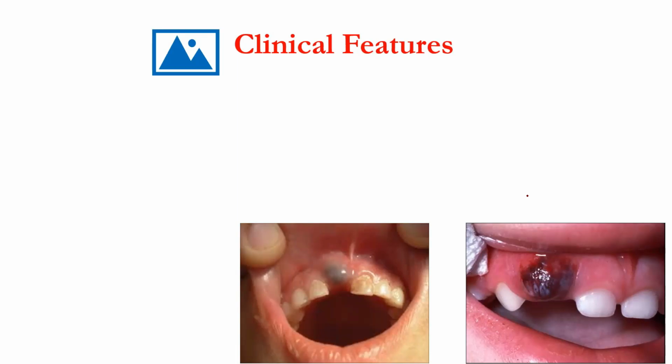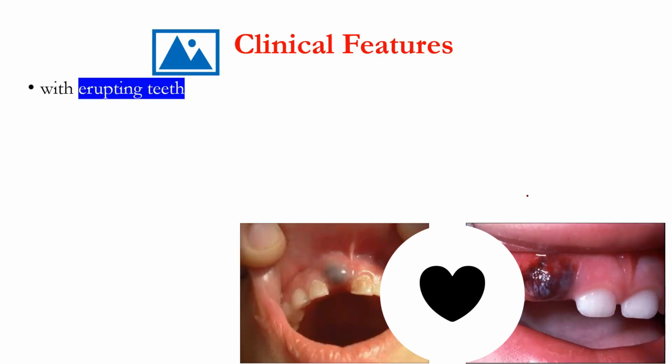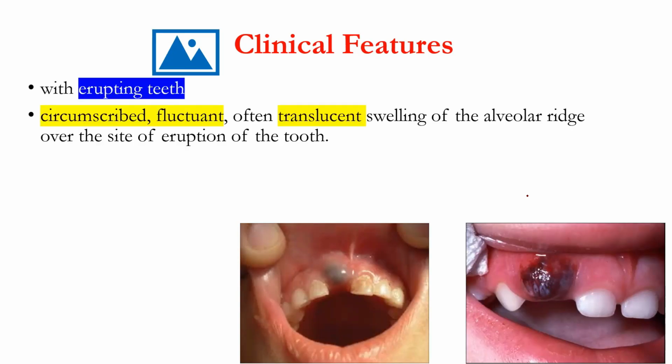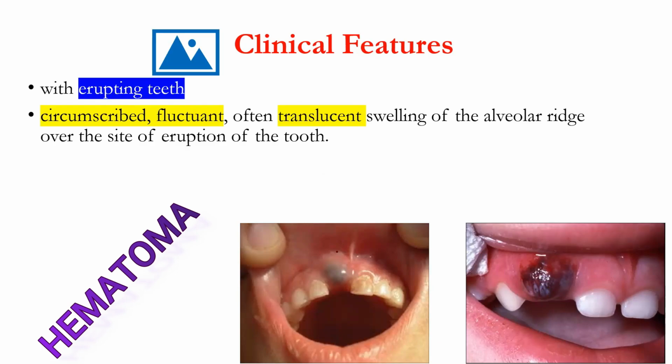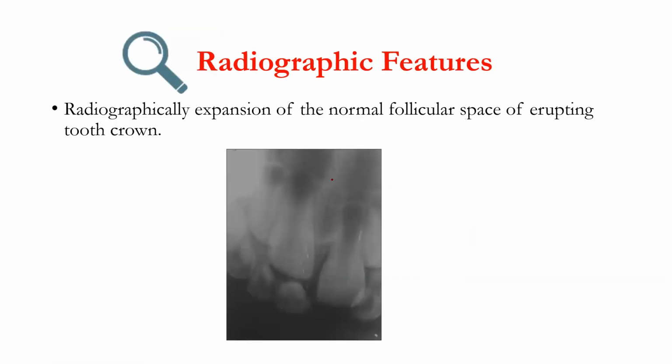So the other name for eruption cyst is eruption hematoma. Okay, so it can appear as circumscribed, fluctuant, and translucent swelling normally, but whenever there is internal hemorrhage, it appears as bluish or purple in color.